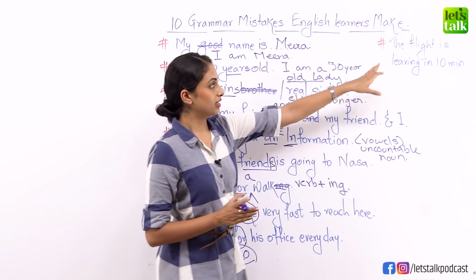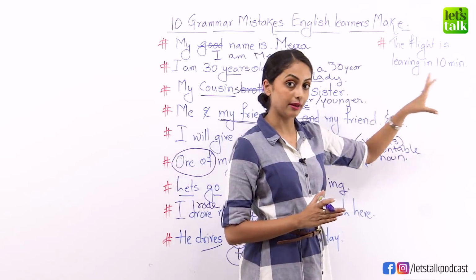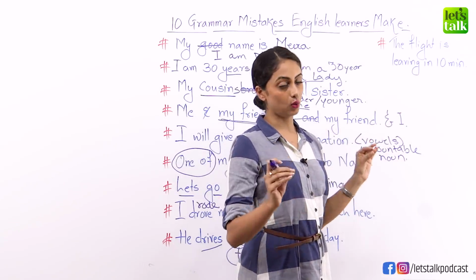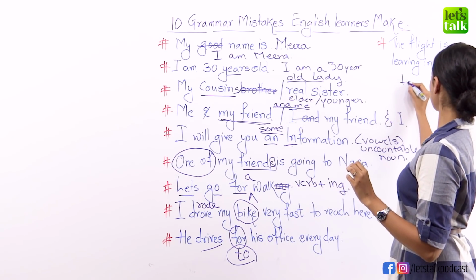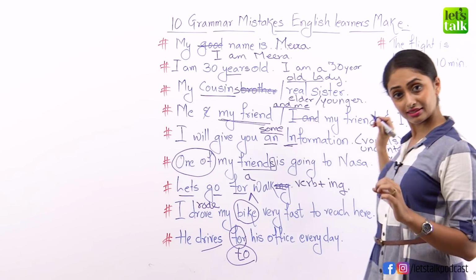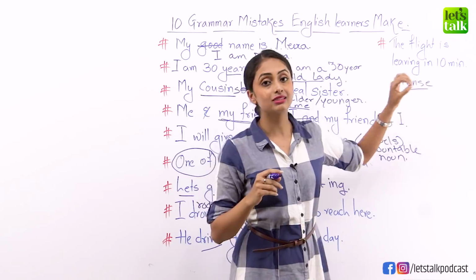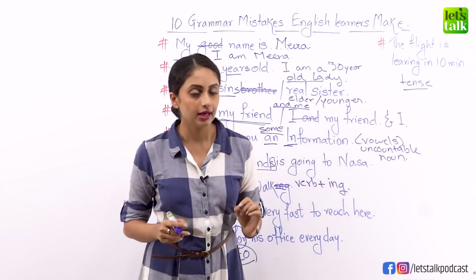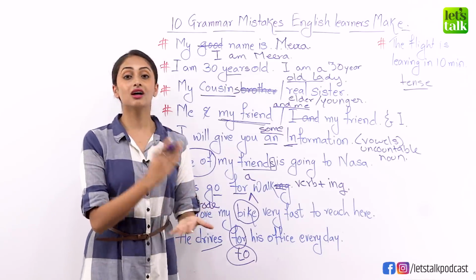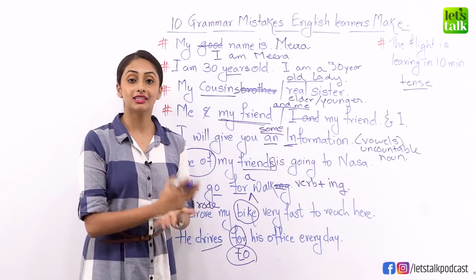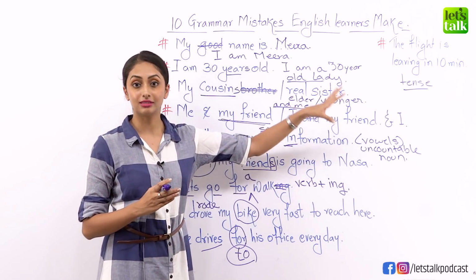guys today. The flight is leaving in 10 minutes. Now, we have a tense problem here. What is the tense here? The right tense to use here is present simple tense. And why? Because whenever you're talking about any schedule, a timetable, a pre-planned activity, you would use present simple tense.